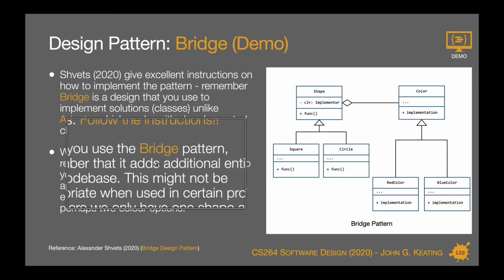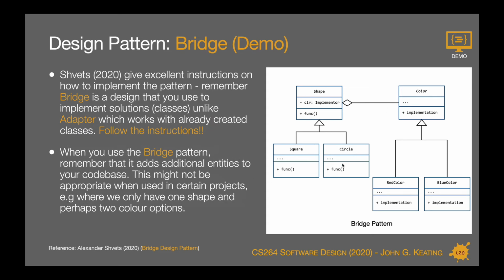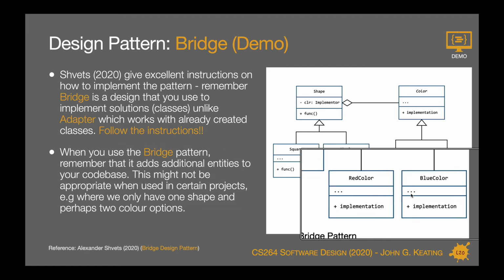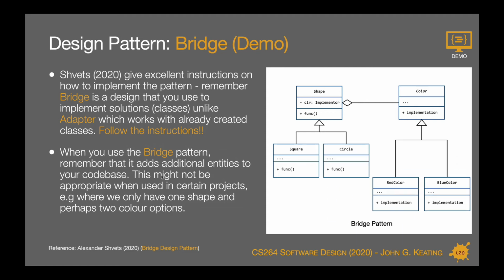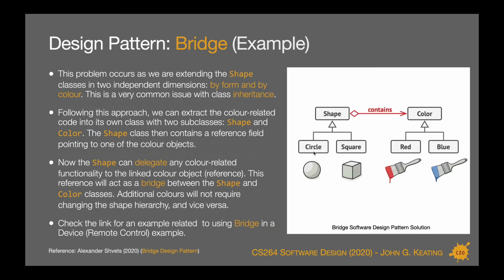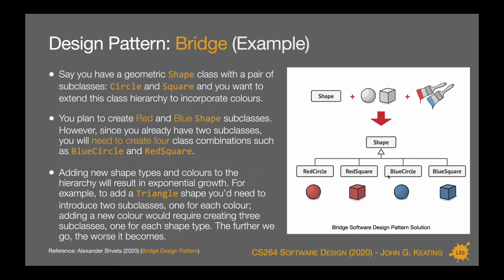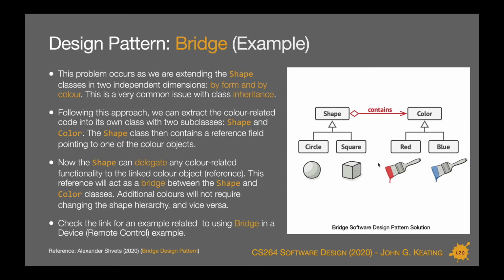But when you use the bridge pattern, it adds these additional entities to your code base, so it might not be appropriate in certain projects where we've only one shape and two colors. You could go back up here, there were 4 here, so I ended up with 4 separate classes, and then here I ended up with 4 classes as well.